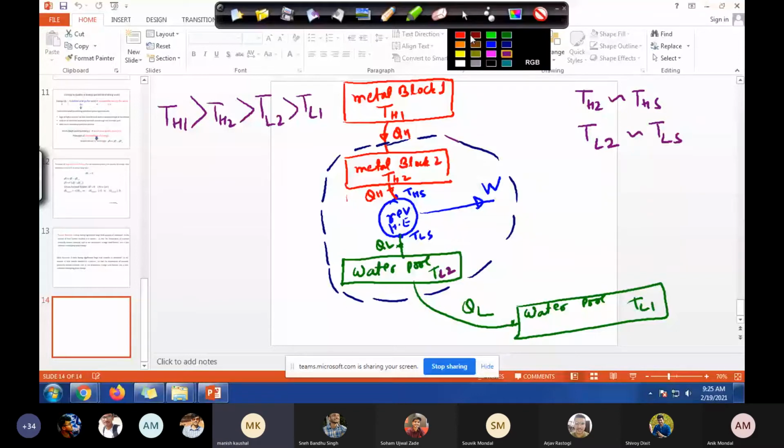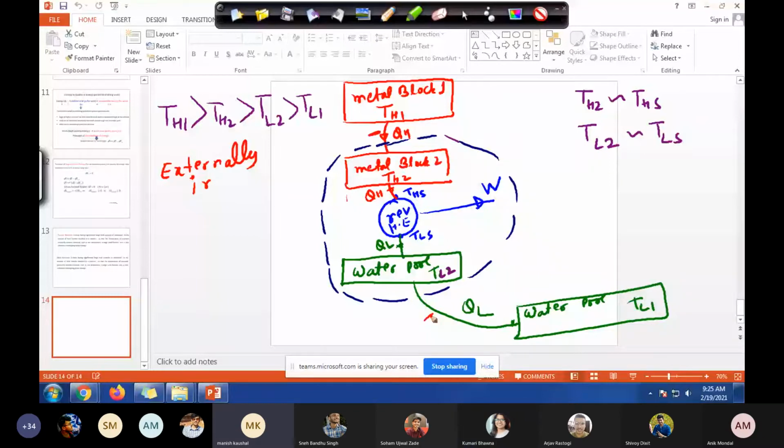Because TH1 is very much greater than TH2, so there is a finite temperature difference here as well as here. Okay. Externally irreversible, very good. And what about internal? Internally reversible, because the engine is reversible and this temperature difference is very small. So that's all. And now with this, you will see there will not be any confusion.